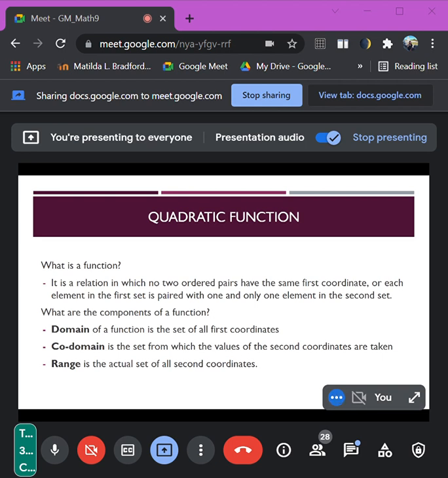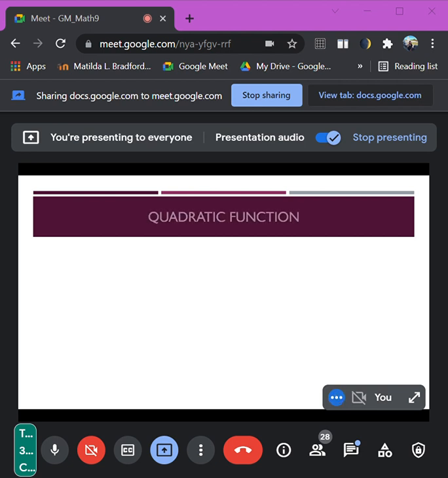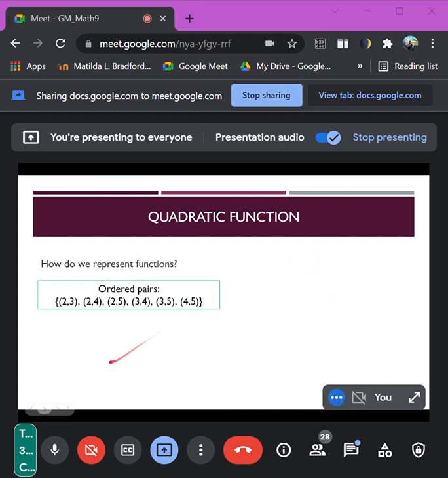Right, we can use ordered pairs, we can use our graph, we can use equations and table of values. So those are our representations as well for our quadratic function. Okay, so we have here ordered pairs. So this is what we call our ordered pairs.